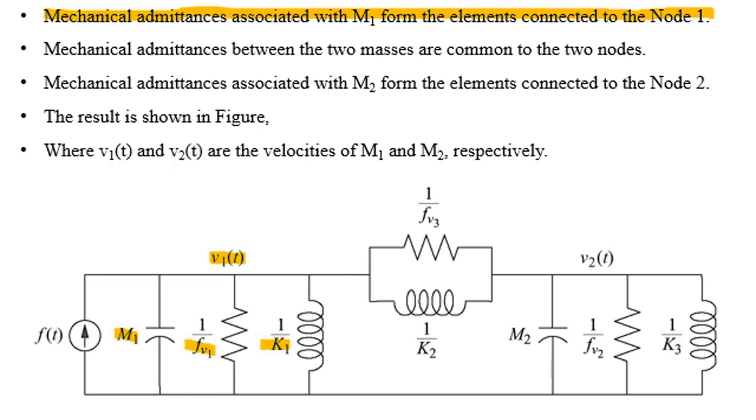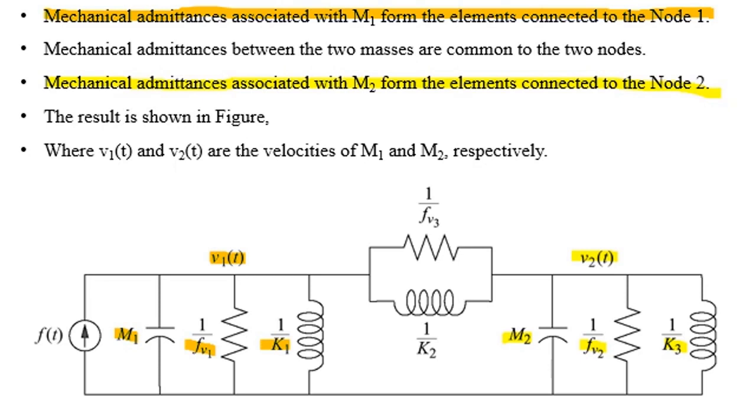Now with m2, the components associated are a spring with coefficient k3 and surface friction with coefficient rho v2. These three quantities, mass with coefficient m2, spring with coefficient k3 and surface friction with coefficient rho v2, will appear in parallel to the second node.